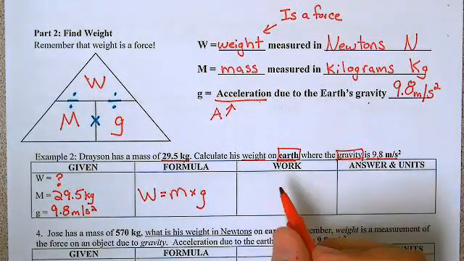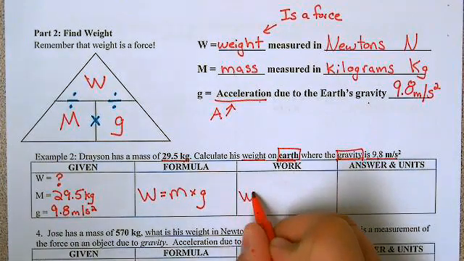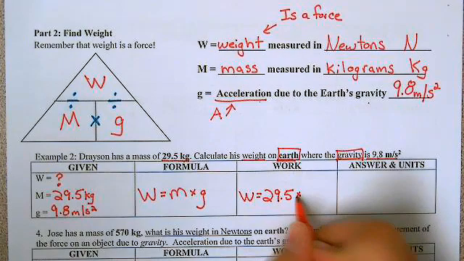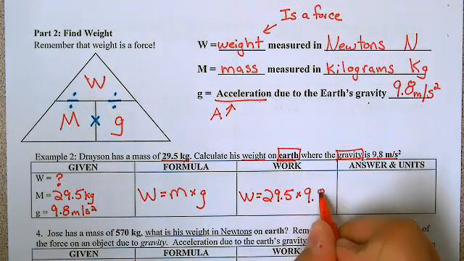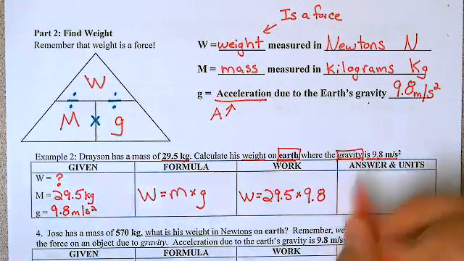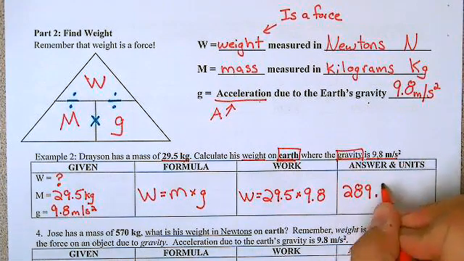Okay, so the next one, we're going to show our work. So we're going to take these numbers and plug them in. So weight equals 29.5 times 9.8. We're going to take those numbers, plug them into our calculator. So 29.5 times 9.8 gives you 289.1.